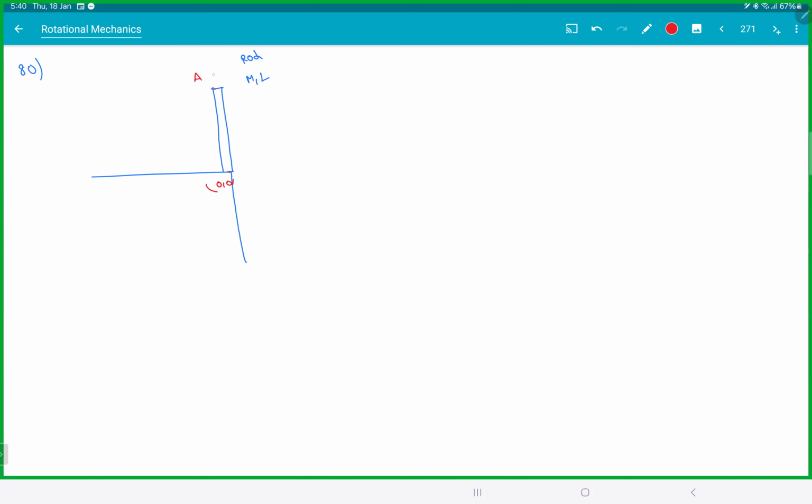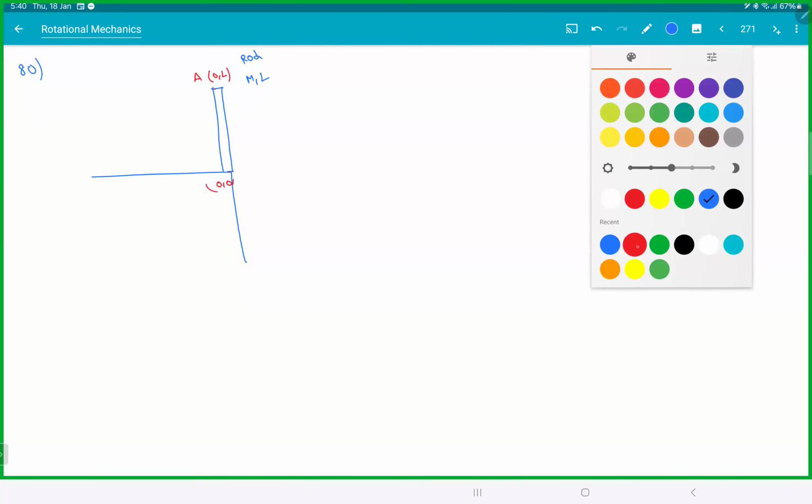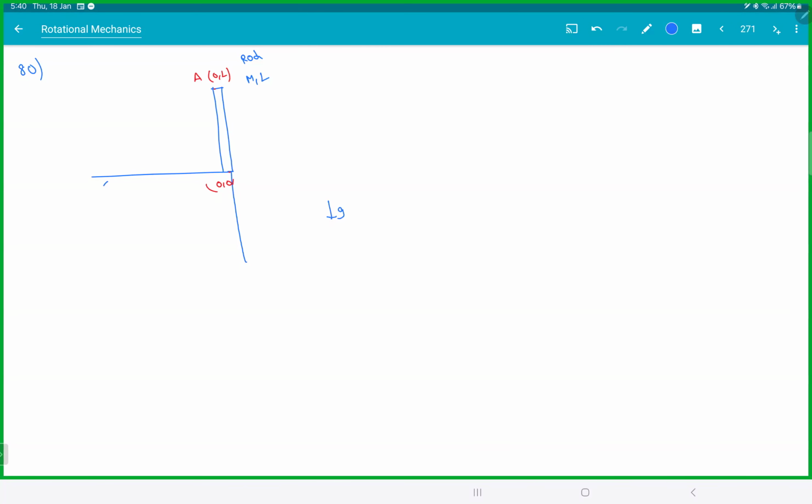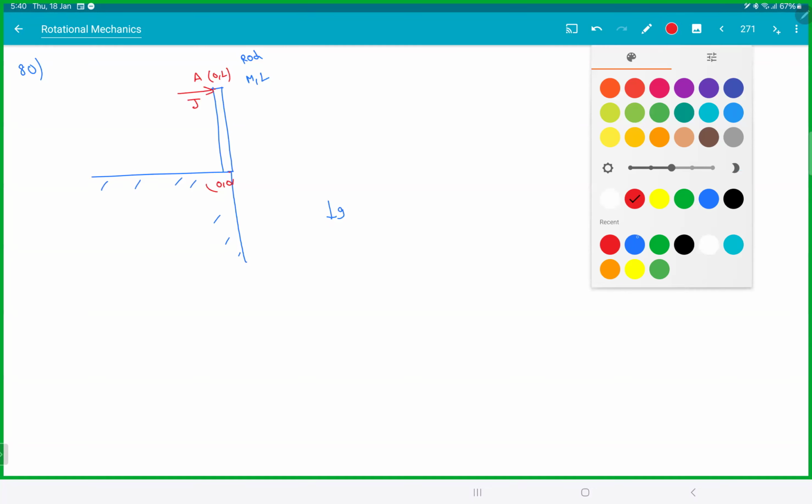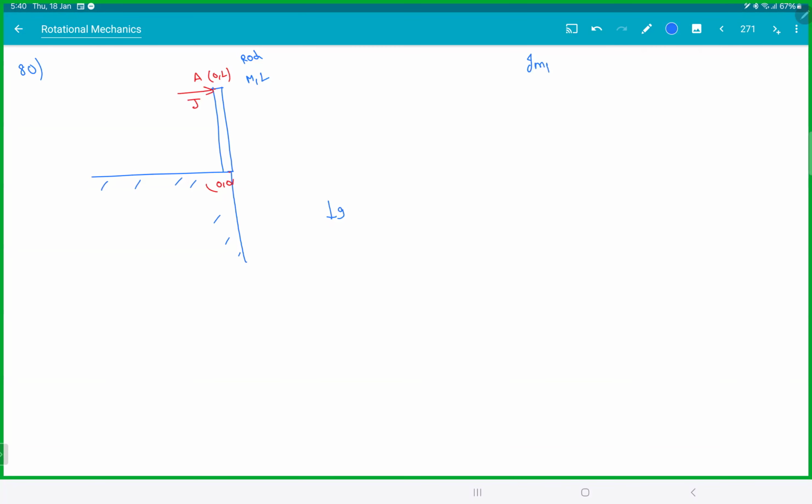This is point A, which is 0 comma L. Gravity is there. This is like a table here. And someone gave an impulse here at the top, J. Basically, you hit it like a striker, you flicked it. Impulse J is given to end A.